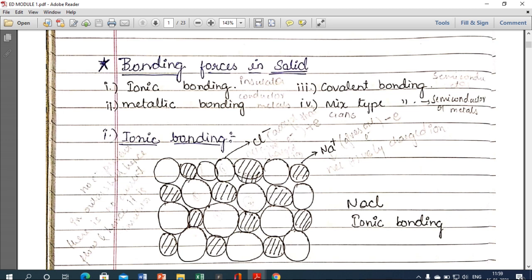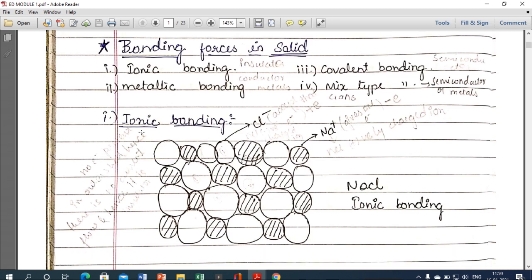So actually, in this topic, the main intention is how this bonding affects the flow of current. If I go to ionic bonding, as we know, there are no free electrons which can cause the flow of current when an external voltage or energy is applied to the material or to the atom. Here the compound I have taken is sodium chloride, NaCl, and when it goes through ionic bonding, there are no free electrons which can cause the flow of current.